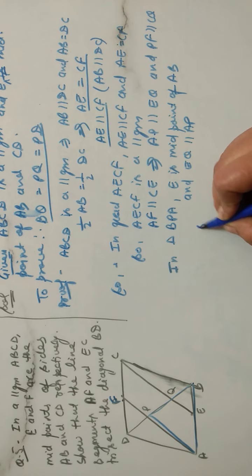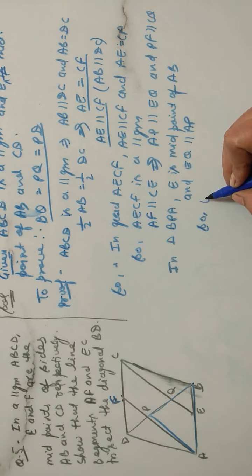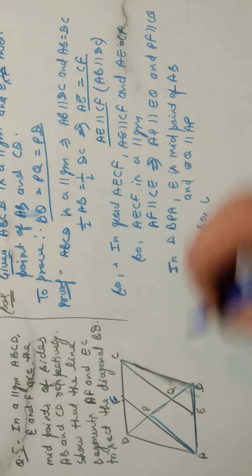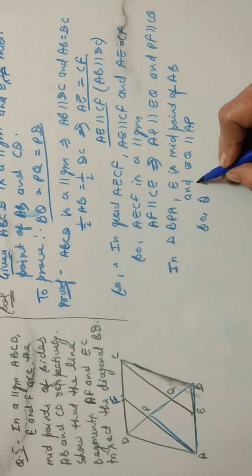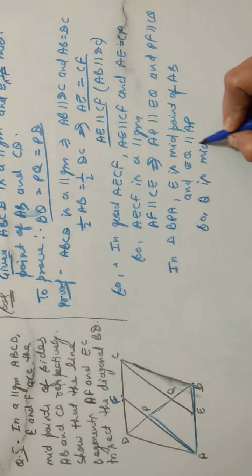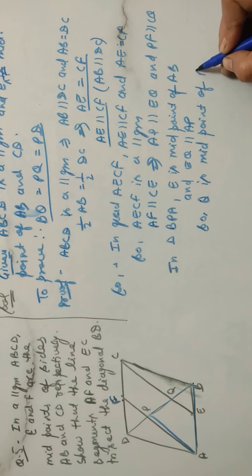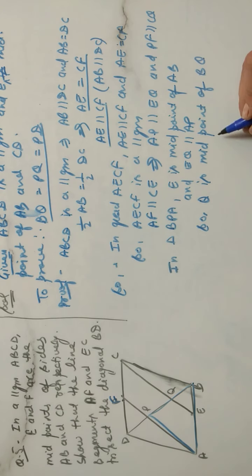So what you can say is that Q is the midpoint of BP, and the reason is by the converse of the midpoint theorem.